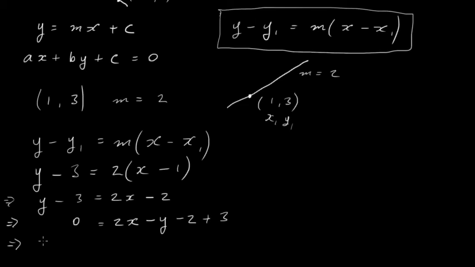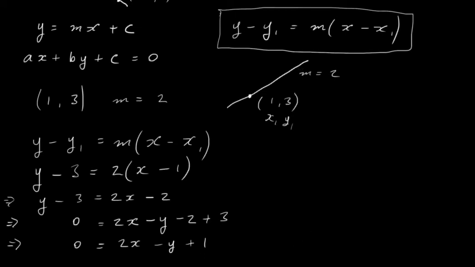So what I end up with is 0 is equal to 2x minus y minus 2 plus 3 is plus 1. So now I have my equation of the line, and it is in this format here. It's ax, or 2x, plus by, minus 1y, plus c, plus 1, equal to 0. So this is the equation of my line here.